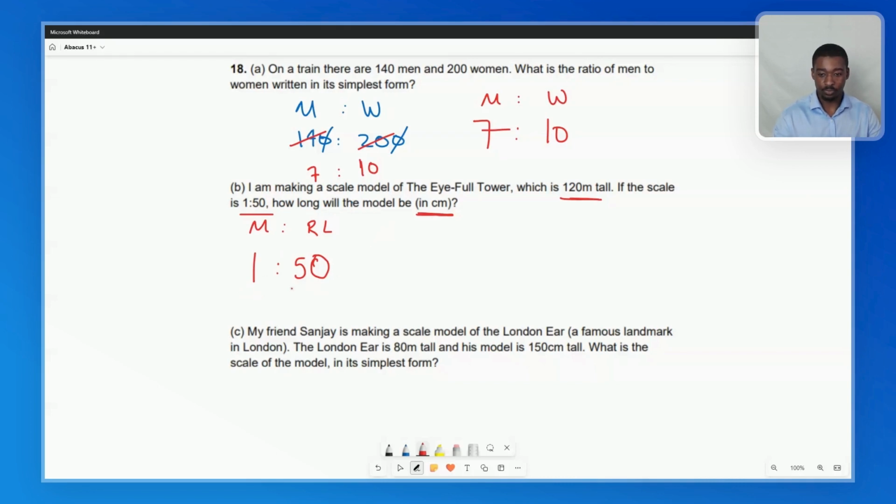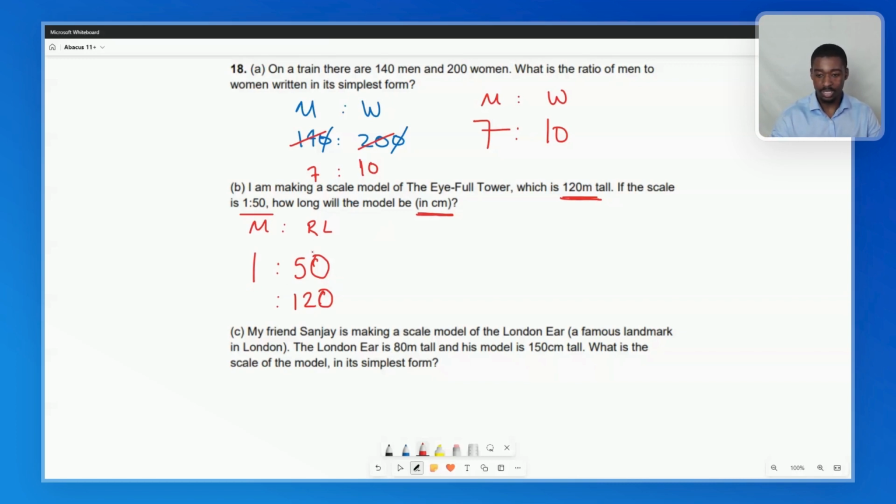Knowing this, we can put the 120 meters, which is the height of the actual real life Eiffel Tower, and work out how many meters the scale model must be.